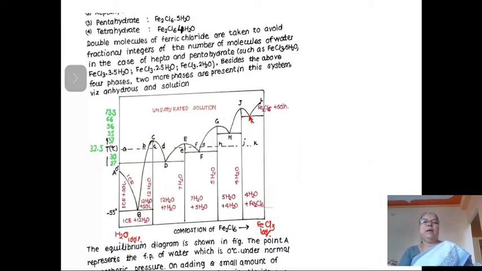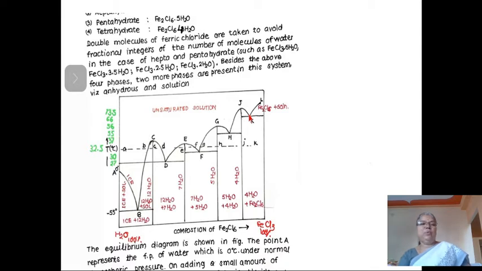Last time you learned the ferric chloride water system, and you also studied the different eutectic points and the congruent melting points in the ferric chloride water system.